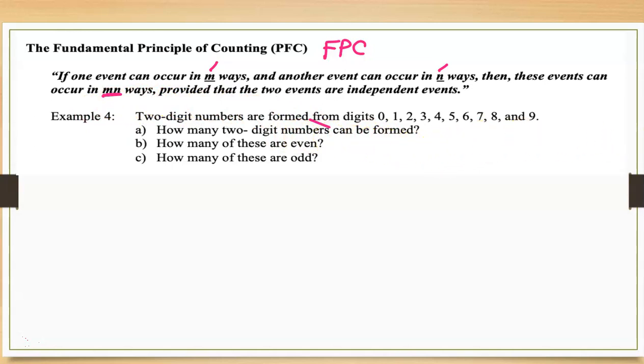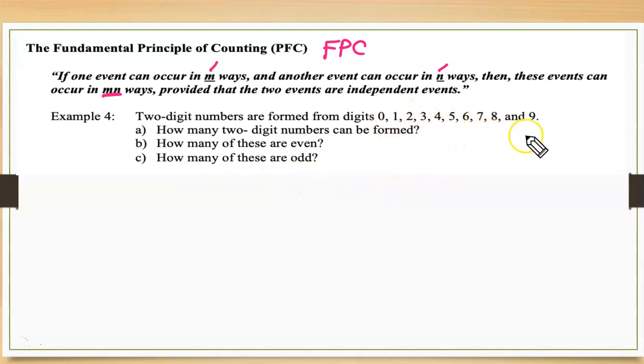So let's discuss further using the example here. Two-digit numbers are formed from digits 0, 1, 2, 3, 4, 5, 6, 7, 8, and 9. Letter A. How many two-digit numbers can we form? So M and N represent the choices or the possible objects.